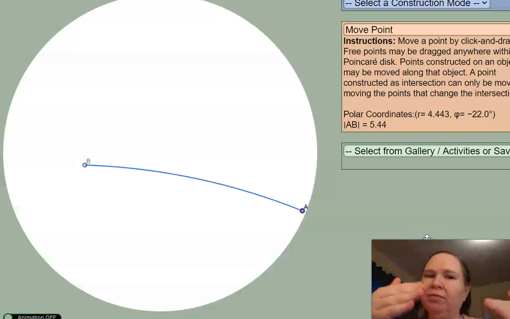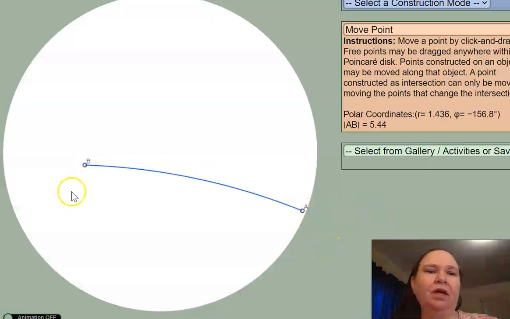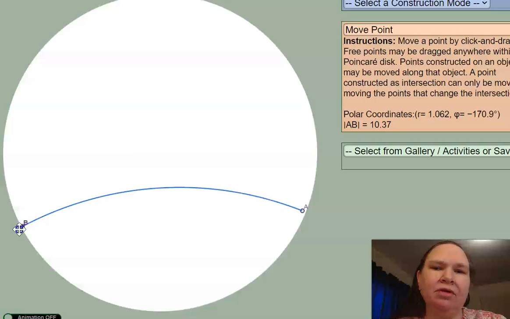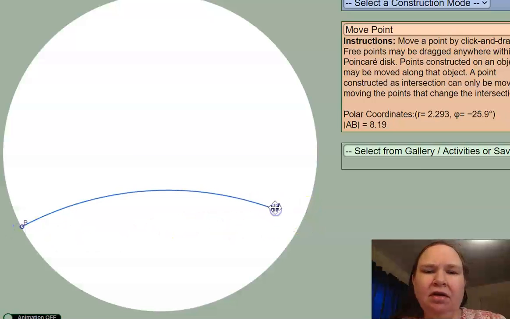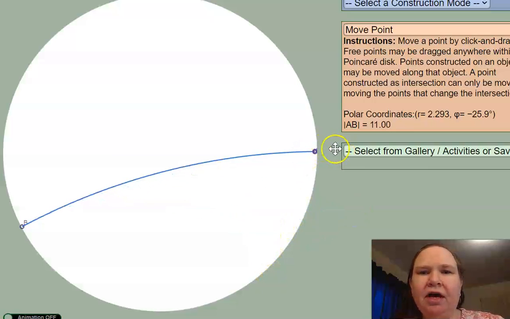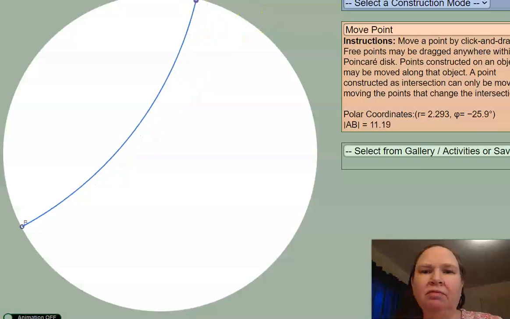But the computer can only go so far, and at some point it runs out of pixels, and so the longest you can actually make on this particular version is about, oh, we got 10, 11, maybe 12 or so.